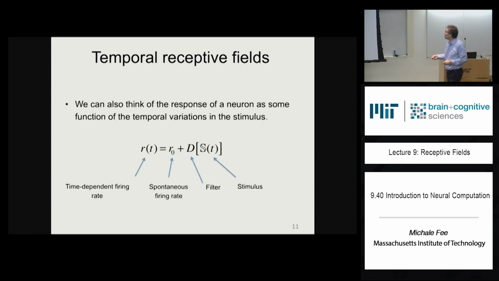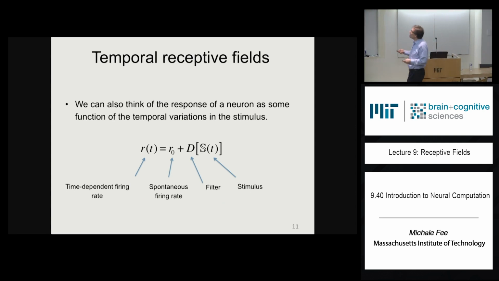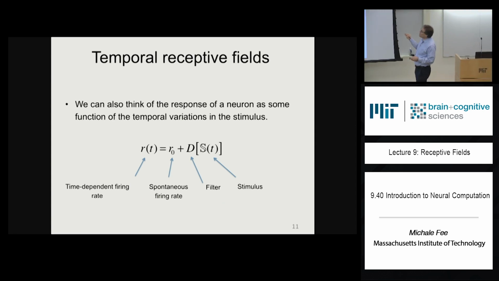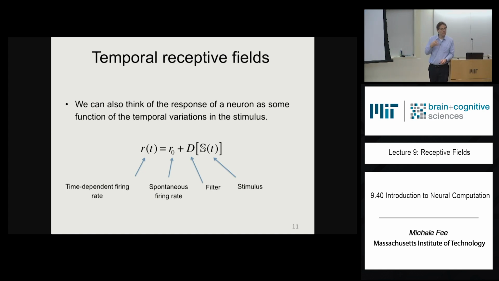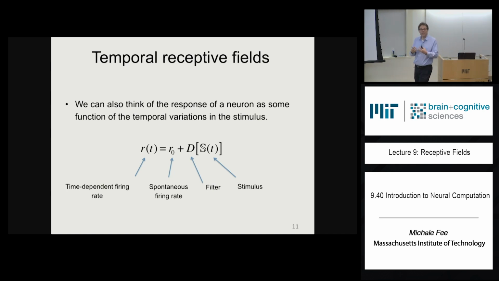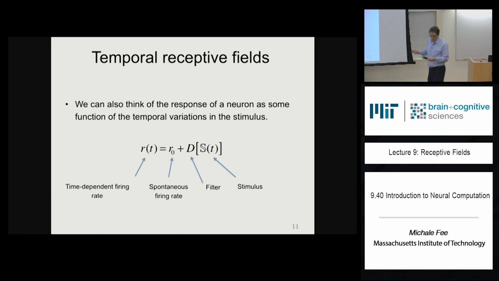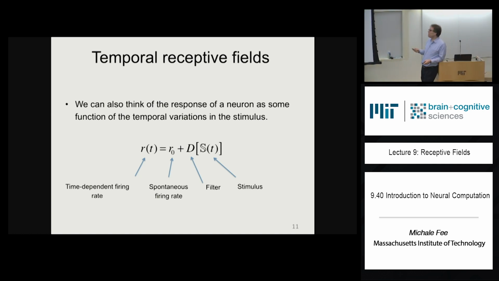Okay. All right, so the next thing we're going to talk about is temporal receptive fields. So we just talked about spatial receptive fields. Neurons are also very sensitive to how things vary in time. Okay? So we're going to take the same concept.